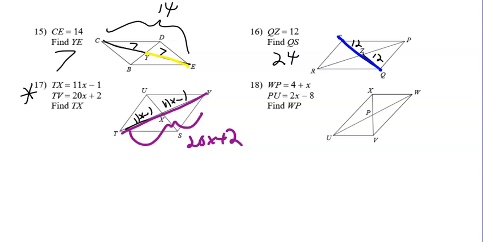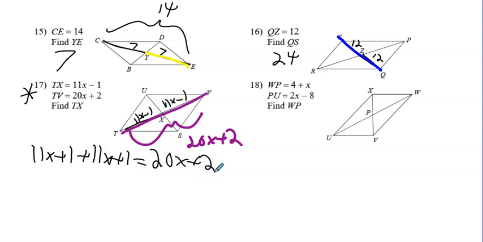That means 11x plus 1 plus the other 11x plus 1 is 20x plus 2. So we add these together and get 22x plus 2.